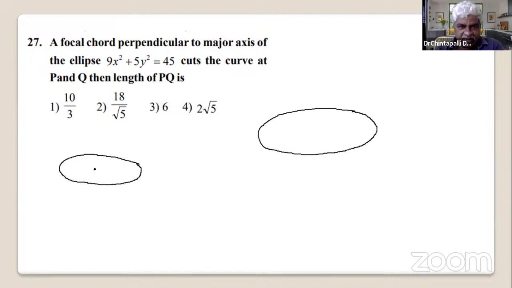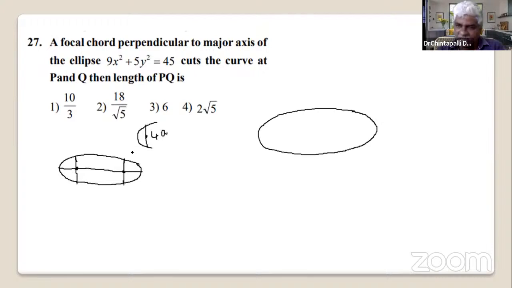The latus rectum is a line segment drawn perpendicular through the focus. In a parabola, there exists only one latus rectum, and its length is 4a.